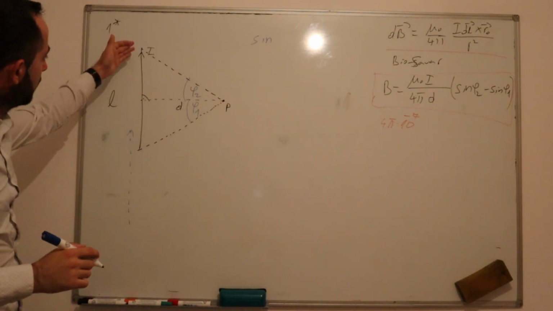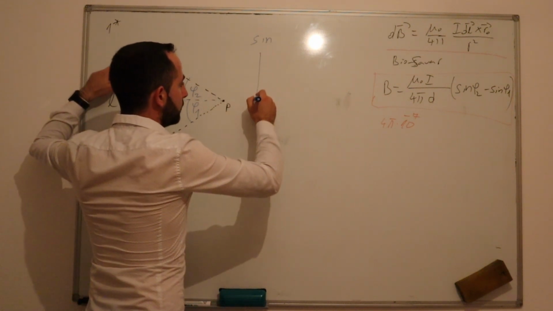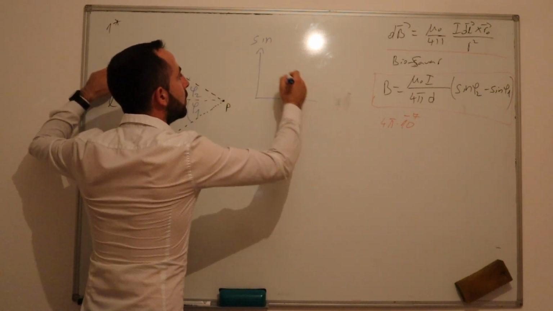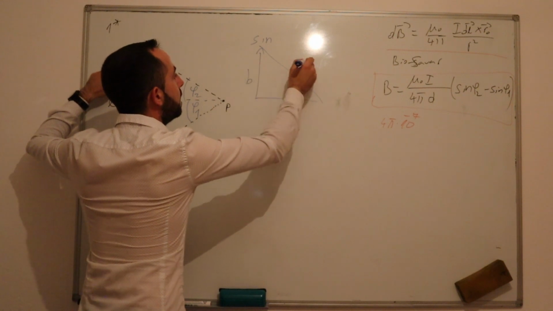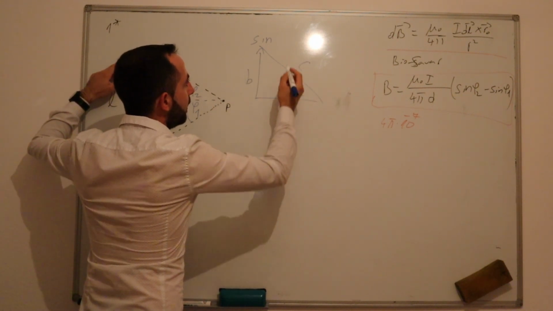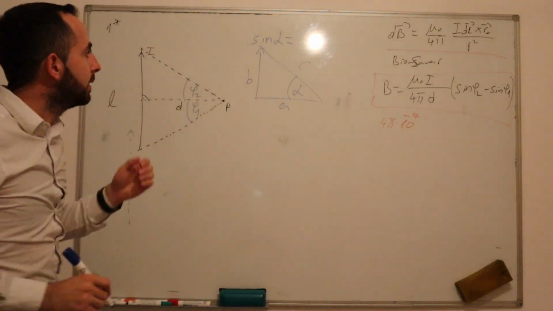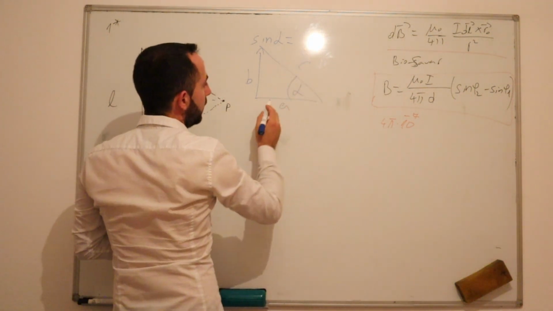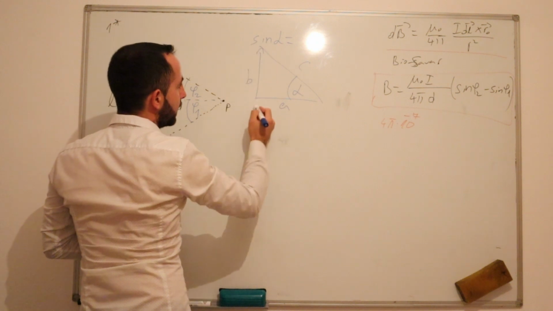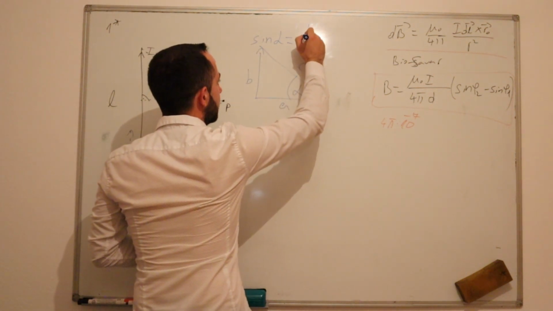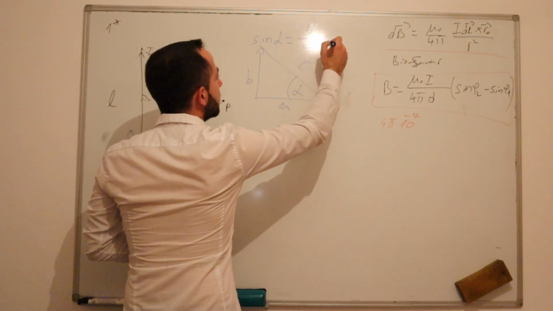You have a hypotenuse, A, B, C, angle alpha, and we know from trigonometry, from math, that sine alpha is equal to the opposite side of a triangle through the hypotenuse.